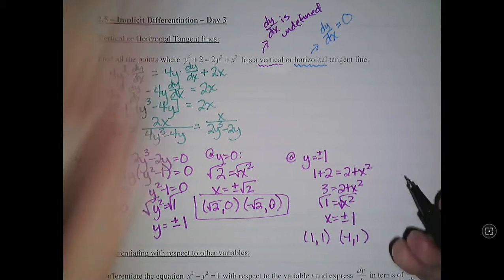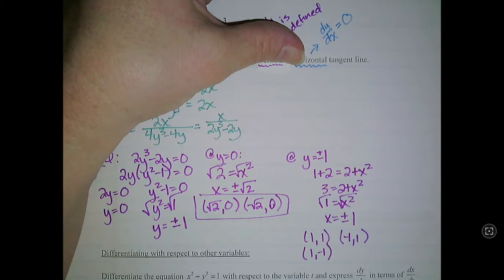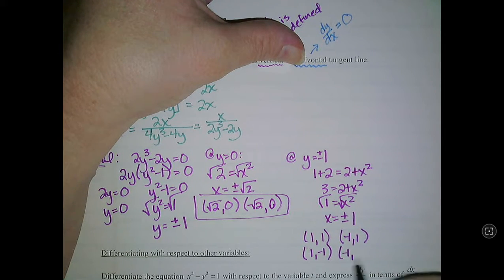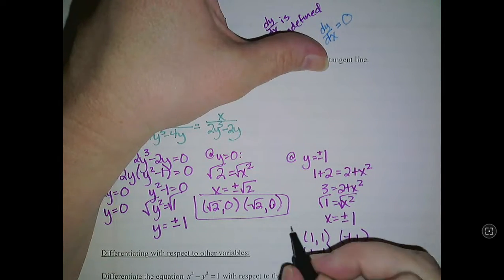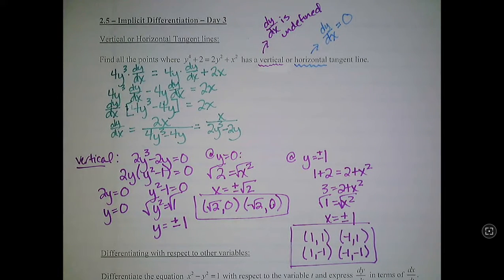So I could have x equal to positive 1 and y equal to negative 1. Or I could have x equal to negative 1 and y equal to negative 1. So there are 4 more points based on y being plus or minus 1. So all in total, we have 6 different points on the graph of y to the 4th plus 2 equals 2y squared plus x squared, where we would have a vertical tangent line or a slope that is undefined.